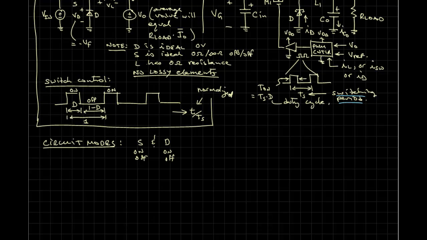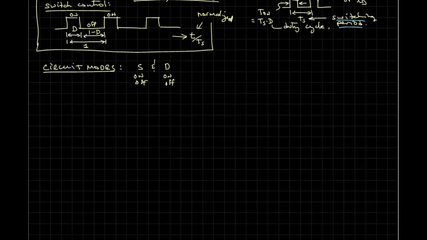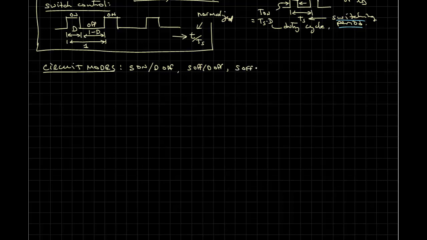So there is no case where both are on. So therefore we're going to have S on, D off. We could have S off, D off, and then we could have S off, D on. So let's look at those.